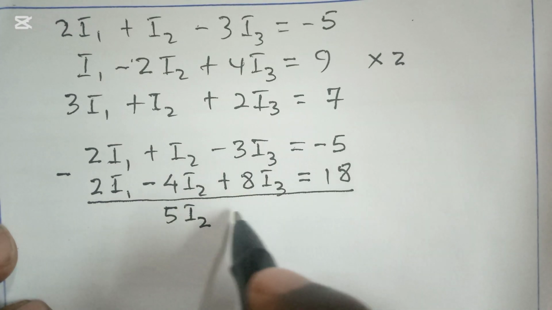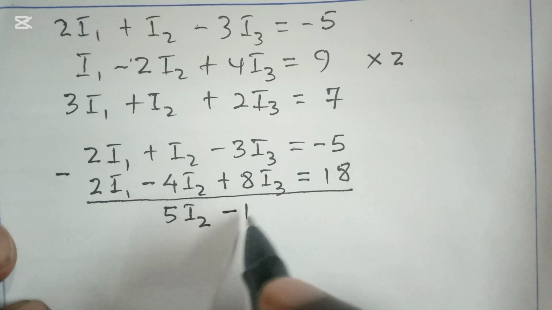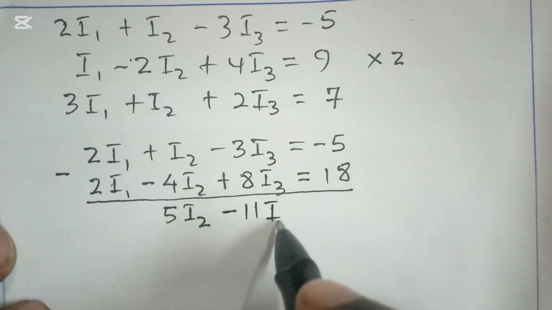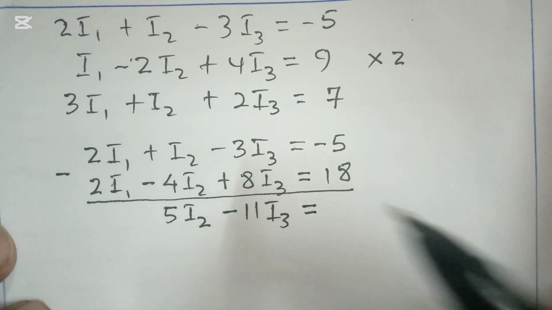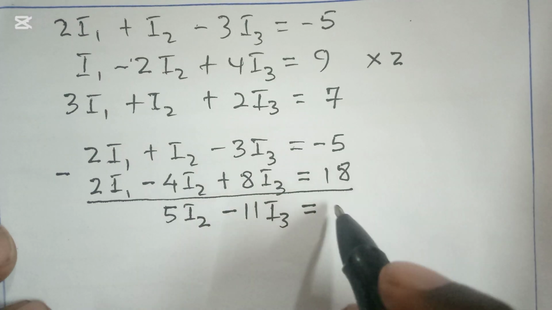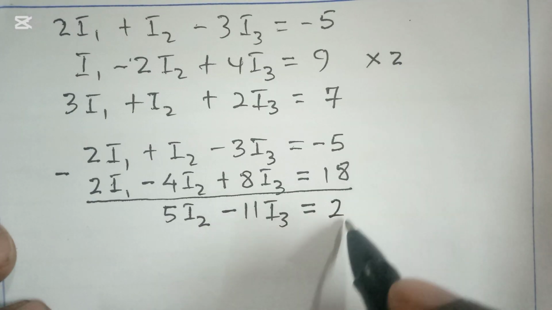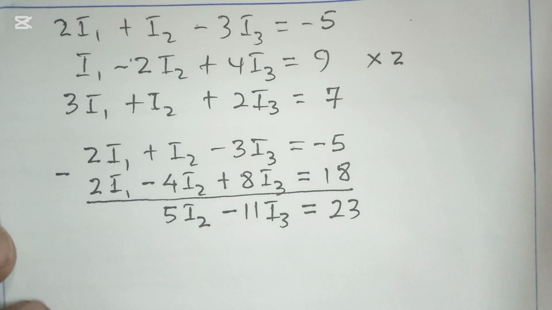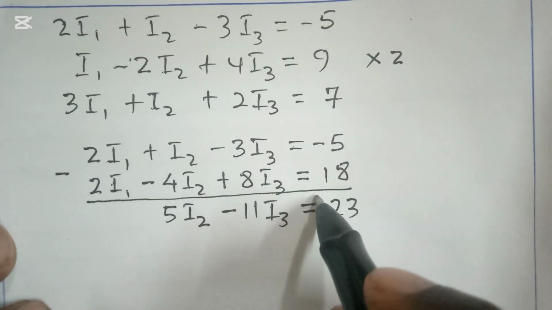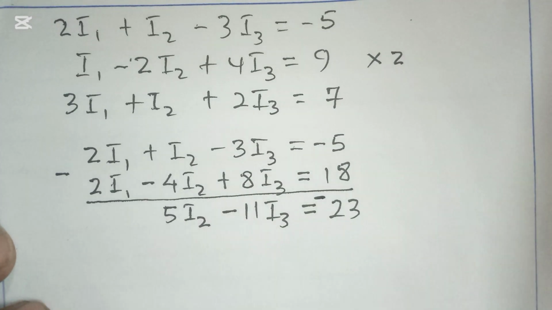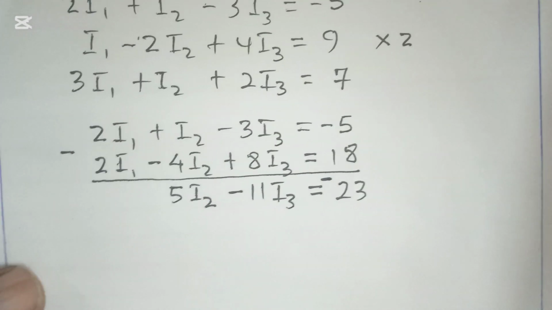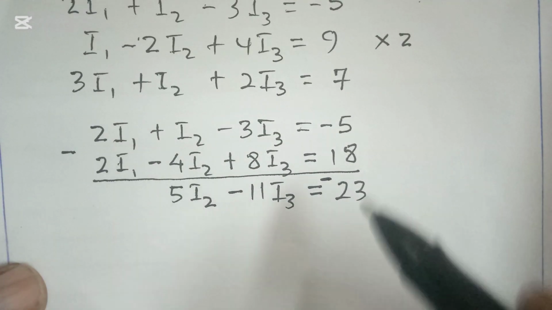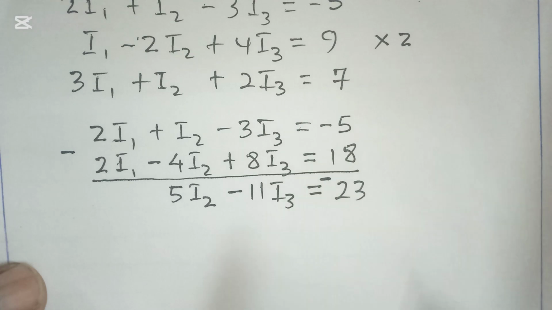That gives us minus 11I3. And this one comes now to minus 5 minus 18. This gives us minus 23. Actually, it's supposed to be in minus. For this simultaneous equation, guys, we have to be very careful. So we get that equation.